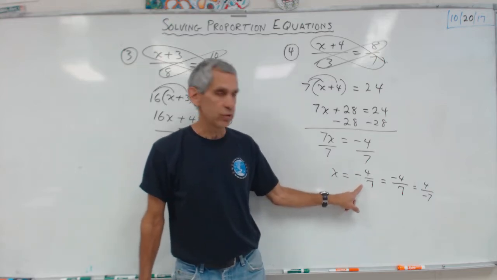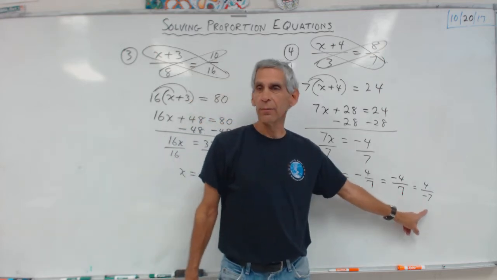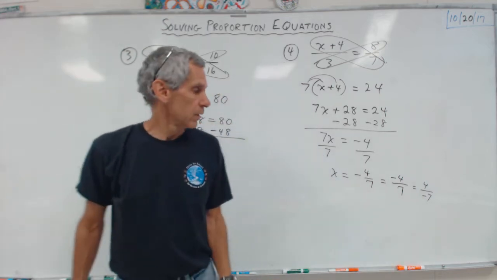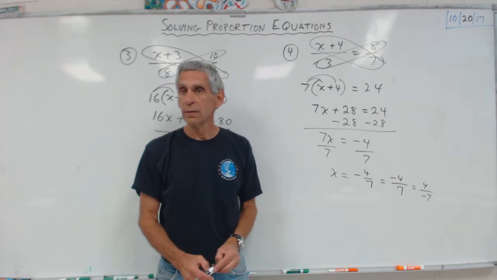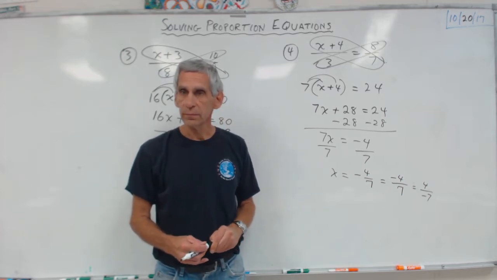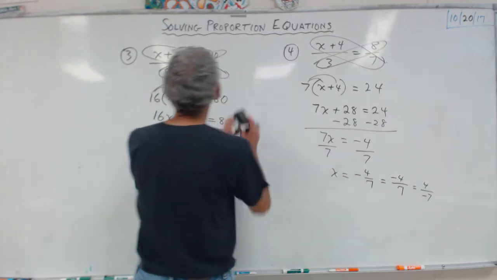Typically though, you would see it most often like this, or like this. Very seldom as a final answer would you put the negative in the denominator. Okay? The most common would be this. Right. Now, okay, one last thing.